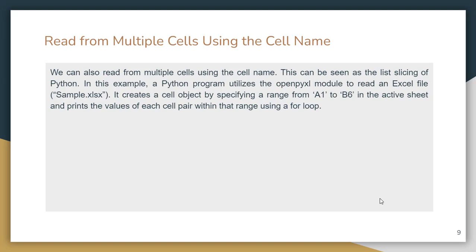It creates a cell object by specifying a range from A1 to B6 in my case in the active sheet, and prints the value of each cell pair within that range using a for loop.